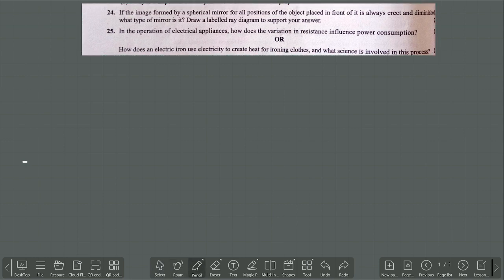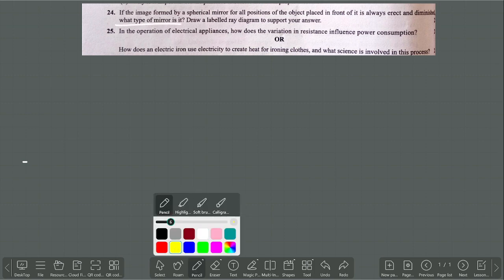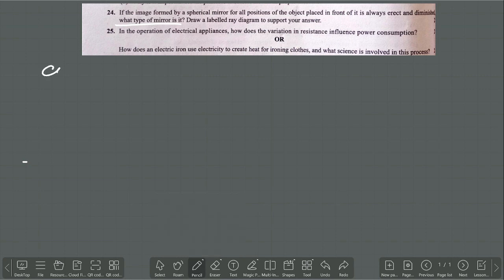Read the question. If the image formed by the spherical mirror for all positions of an object placed in front of it is always erect and diminished, what type of mirror is it? It is called a convex mirror. Wherever you place the object in front of a convex mirror, your image will always be erect as well as diminished in size.